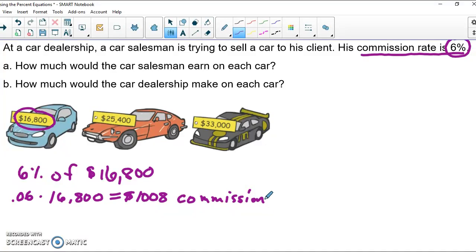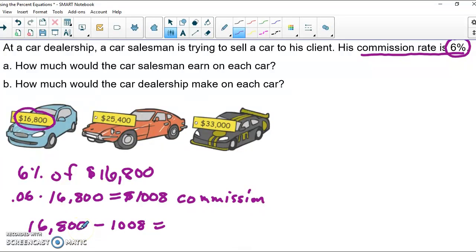So in part B, if we want to know how much the dealership would make on each car, the dealership is going to make the price of the car, right? They're going to make $16,800, but they have to pay the salesman his commission. So if they pay out $1,008, then that is subtracted from the sale of the car.